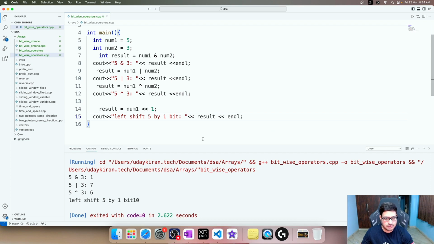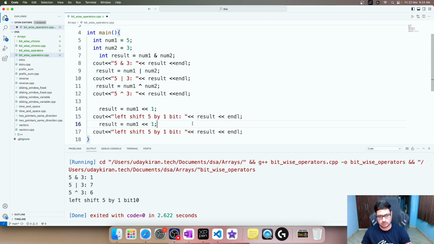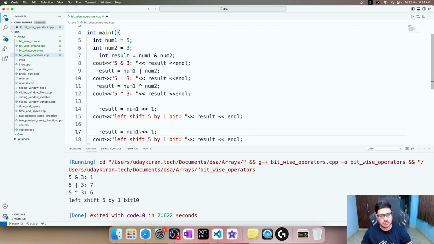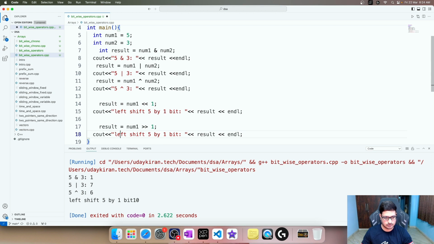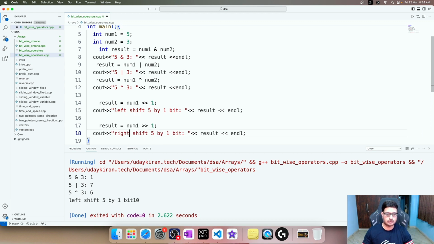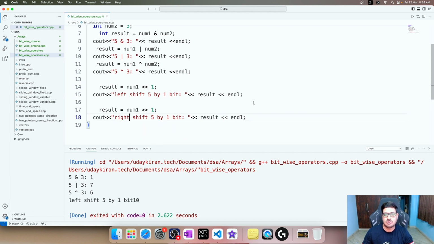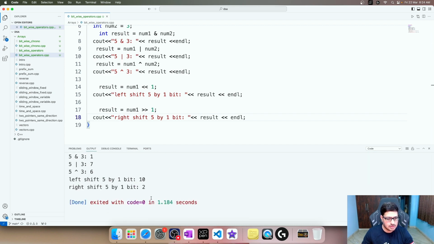Let's do right shift. Right shift of 5 by 1. Let's calculate. Let's run it. Right shift of 5 by 1 is 2.